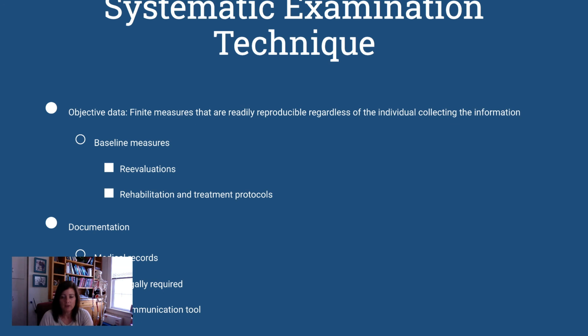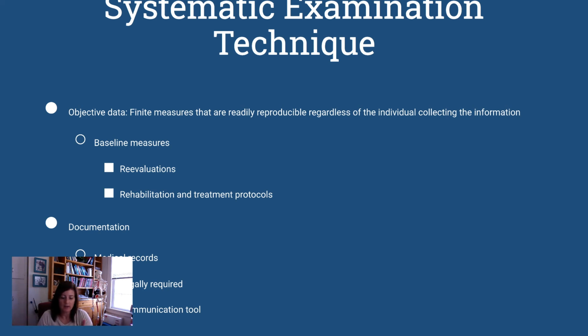In terms of examination technique, it is important to have a system and to use that system every time that you see a patient. It makes you more efficient. Use your time wisely because we're all in a time crunch. And we're going to include not only objective data, so this is basically reproducible information that should be fairly consistent no matter who is doing the testing.